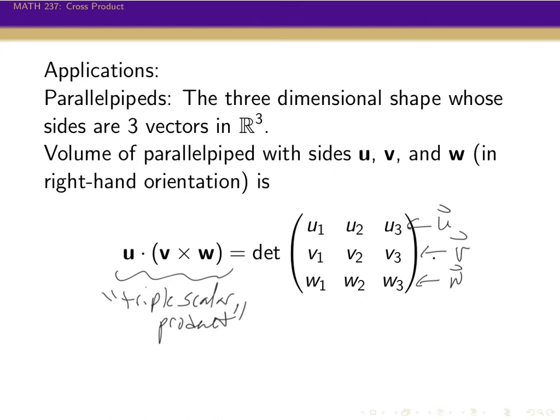So when you do this with three vectors in three space and take the determinant, that's going to tell you about a volume in three space. In this case, it's the volume of the parallelepiped. If you have four vectors in four space and you take the determinant, that's going to tell you about a hypervolume in four space. Basically, this boils down to determinants telling you about volumes.